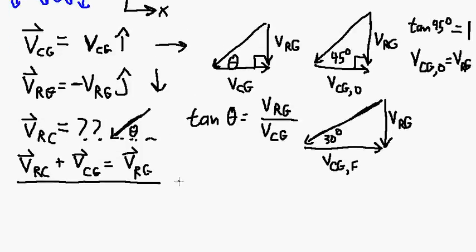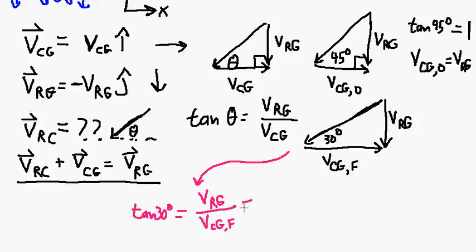So here we can say VRG over VCG final is all going to be equal to the tangent of 30 degrees. And the tangent of 30 degrees is, let me see if I remember this, 1 over radical 3, right? Yeah, that's right. 1 over radical 3.